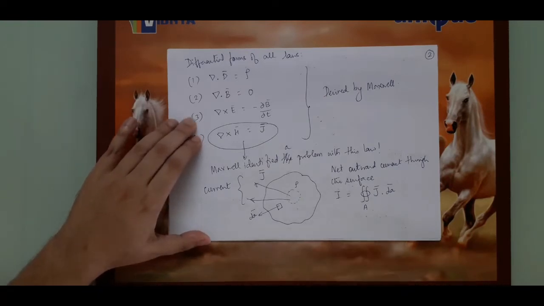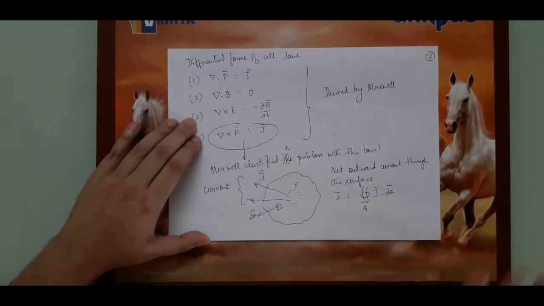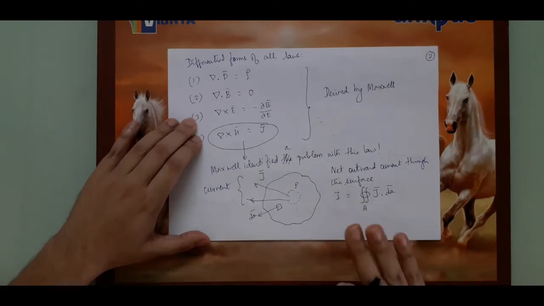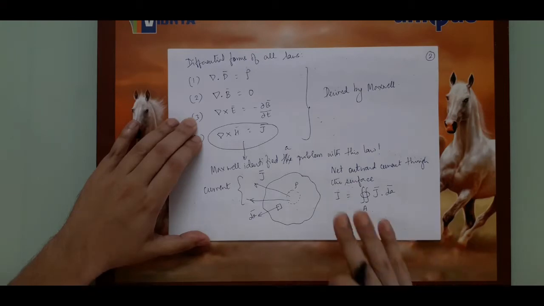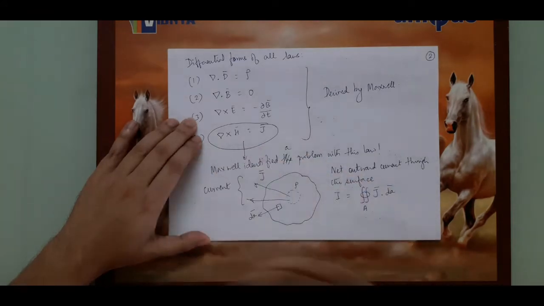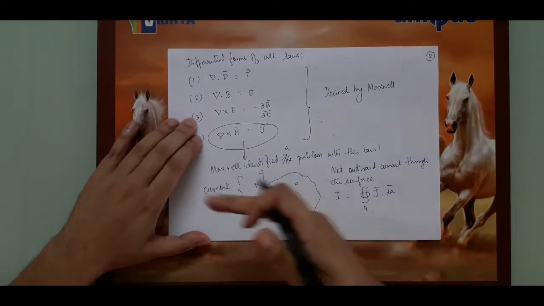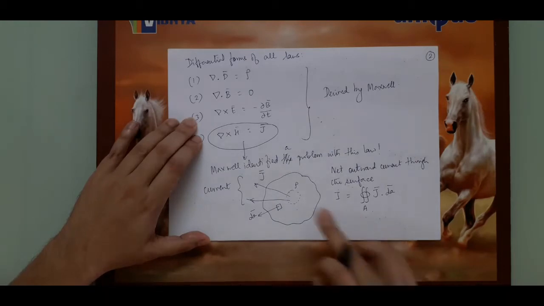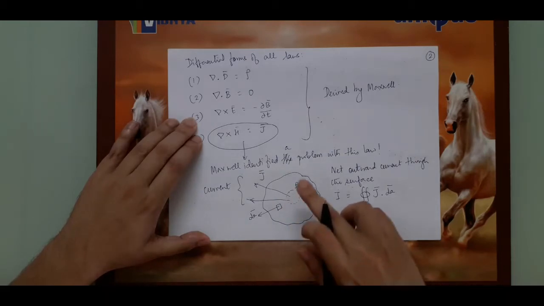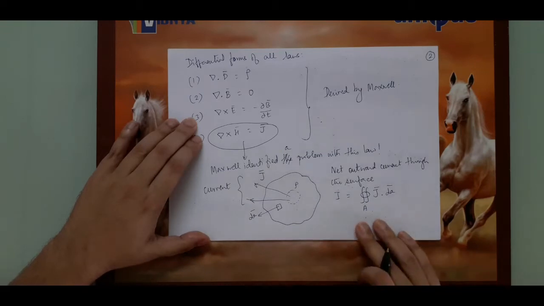So what Maxwell knew was that behind everything, whether it's current or energy, the law of conservation still holds. That means if there is some current created by charges leaving the surface, then definitely that is caused by the charges which are enclosed by the surface.